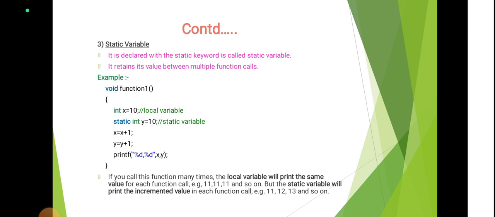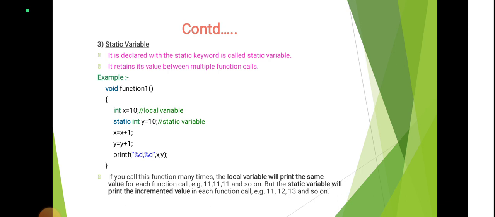Then next we increase the value of x by 1 as x equal to x plus 1. We increase the value of y as y equal to y plus 1. Again, I print the value of x and y as printf %d x comma y.